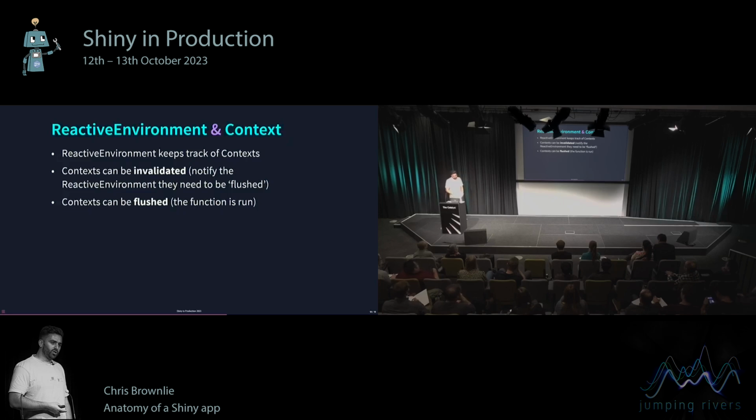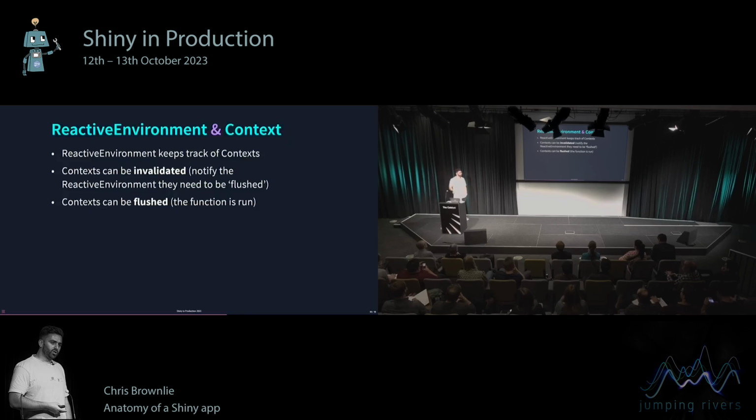Two of the most important classes, which don't have a visible wrapper and you probably wouldn't interact with directly anyway, are the reactive environment and context classes. The reactive environment is an object which keeps track of contexts, which you can think of as the reactive objects in your app.